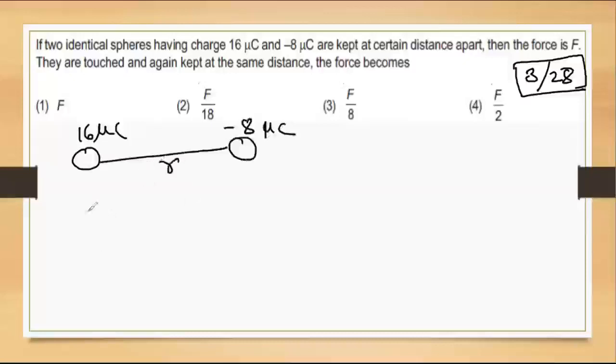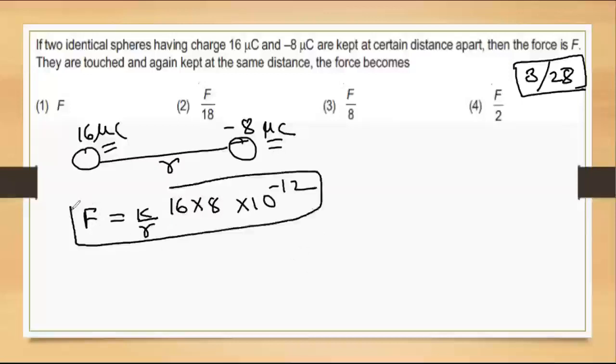So say separation is R, then force is F. So it means it is nothing but K by R squared times 16 into 8, because here we have put only magnitude, okay, you cannot put minus 8, into 10 to the power minus 12, because it will be 10 power minus 6 and 10 power minus 6, so 10 power minus 6 into 10 power minus 6 is 10 power minus 12.